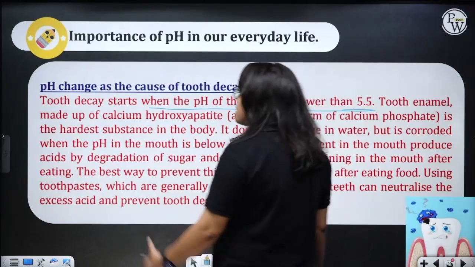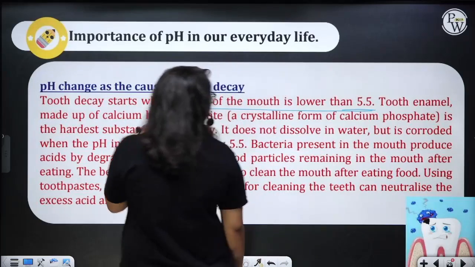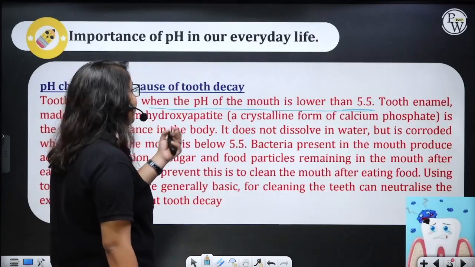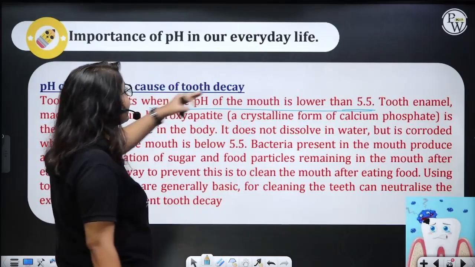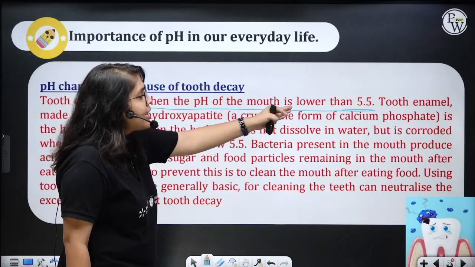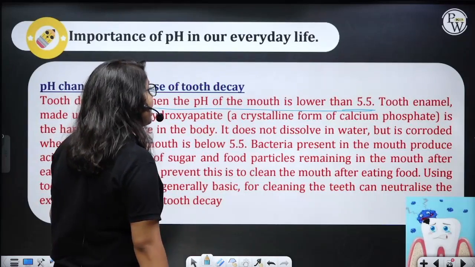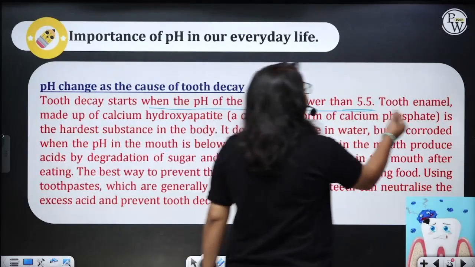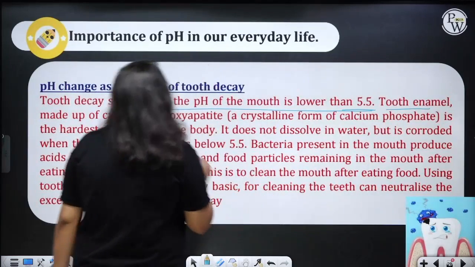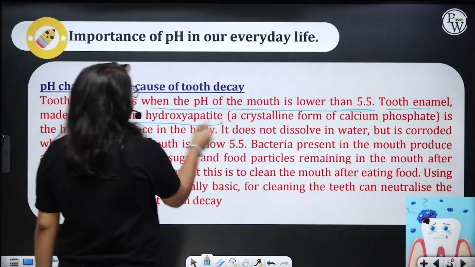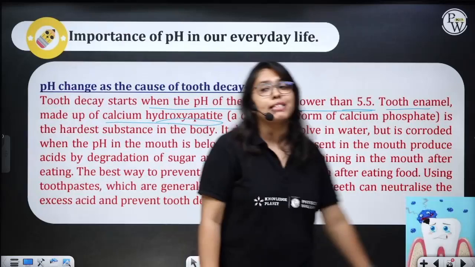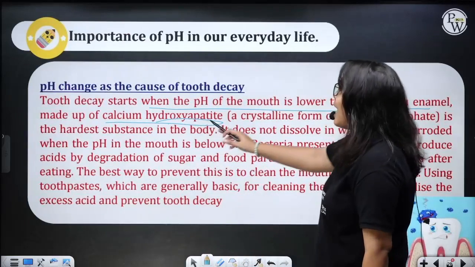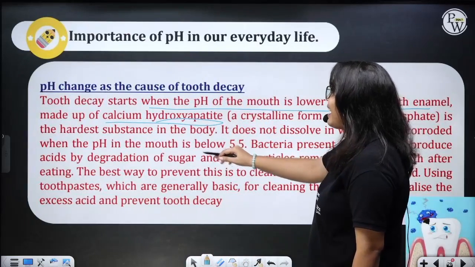When you have these sweets, it decreases the pH below 5.5, and as a result the tooth enamel, which is made up of calcium hydroxyapatite, a crystalline form of calcium phosphate and the hardest substance in our body, starts to get degraded.